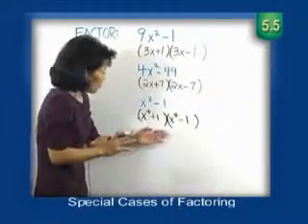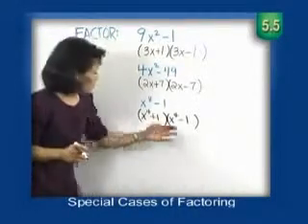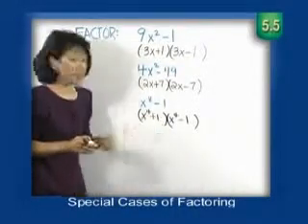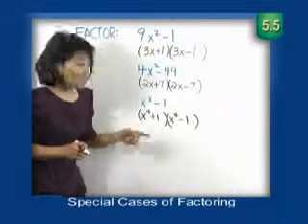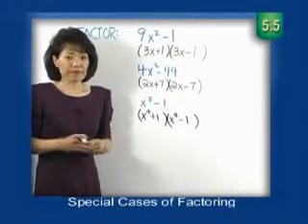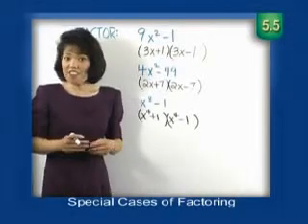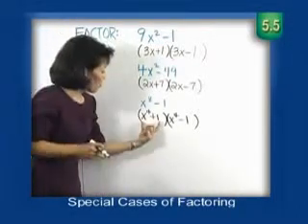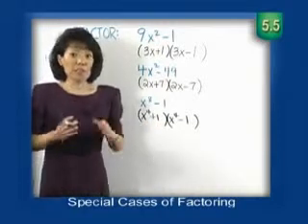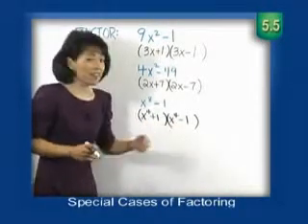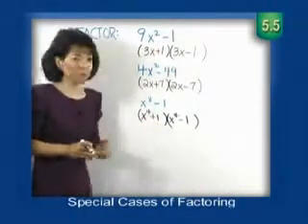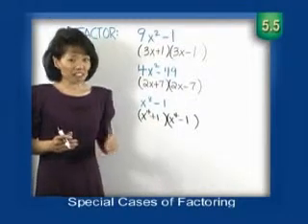Now, you might be asking yourself at this point, well, wait a minute. These two look very similar. Doesn't this first one factor as well? Think about it. What are the conditions that we need to factor the difference of perfect squares? We need to have perfect squares, which we do, but don't forget, we need the minus sign. In this case, there's a plus sign, so this does not factor any further.